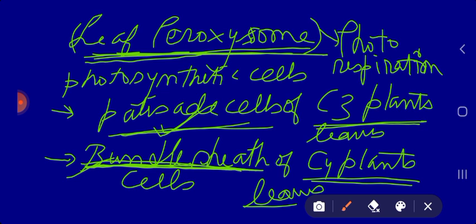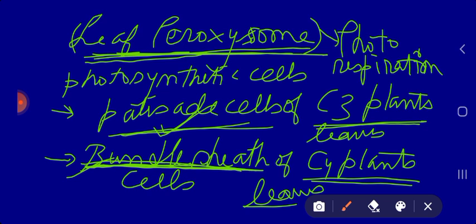Photorespiration, you can say, is a wasteful process for the plant cell, because during photorespiration they take up oxygen in the light and give out some carbon dioxide in simple terms, right?